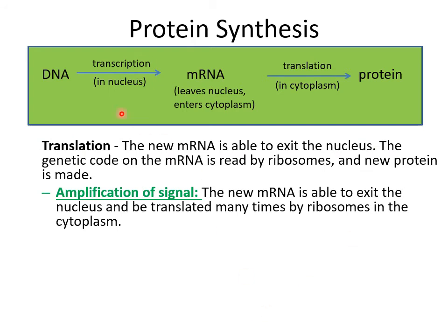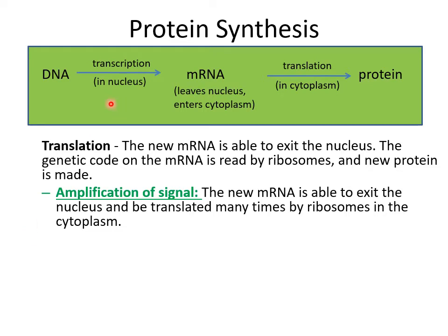So after the transcription is performed and the mRNA is made, we translate the mRNA and produce peptides that are folded to make proteins. And this is a case of amplification of signal.